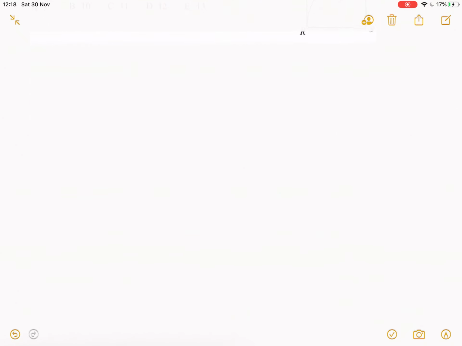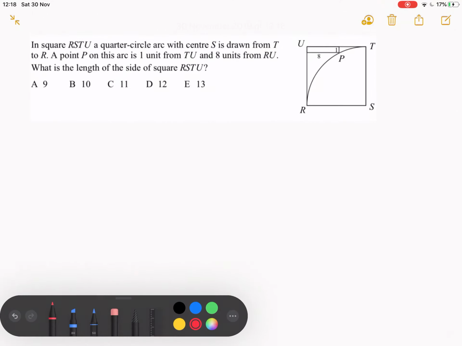So to make it easier for ourselves, we can draw our square again.